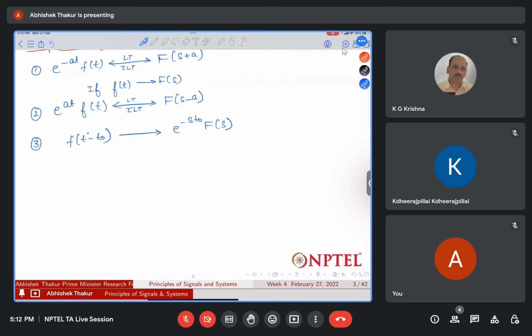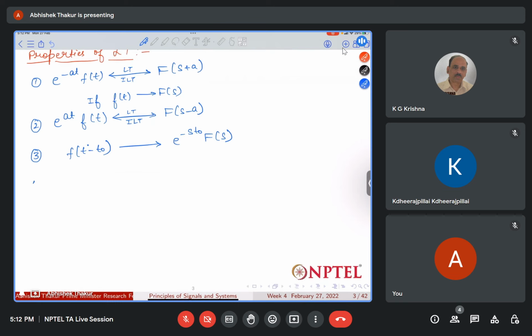And also, the linearity property of the Laplace transform states that, suppose one signal is f1(t) and its Laplace transform is F1(s), and another signal is f2(t), its Laplace transform is F2(s).